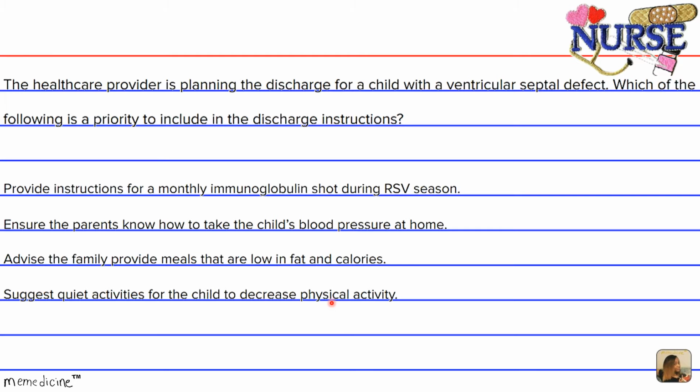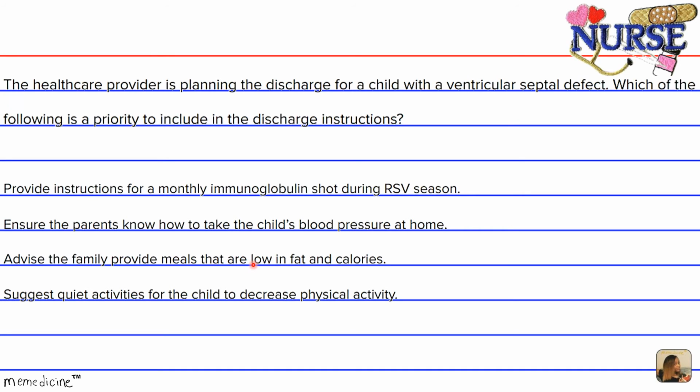And even asymptomatic children with small congenital heart defects tend to experience poor growth patterns due to increased nutritional needs. So meals should be planned accordingly. Therefore, their diets might have to be up in fat and calories rather than lowered. So answer choice C is out as well.